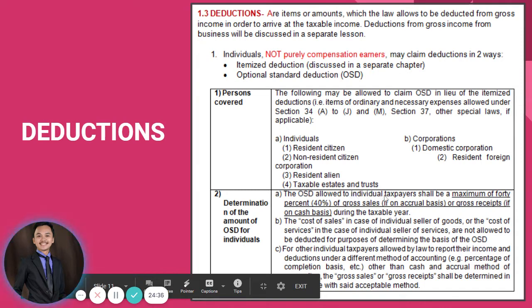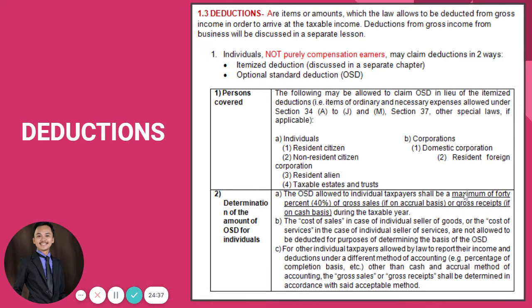OSD allowed to individual taxpayer shall be a maximum of 40% of gross sales if on accrual or gross receipts if on cash basis during the taxable year. So that means OSD is equal to 40% of your gross sales or gross receipts.